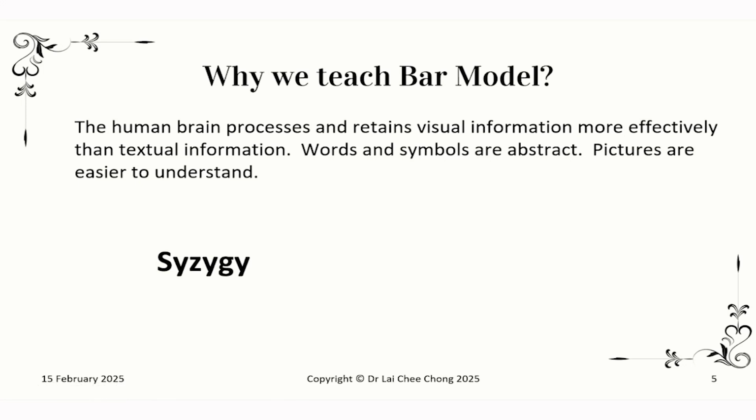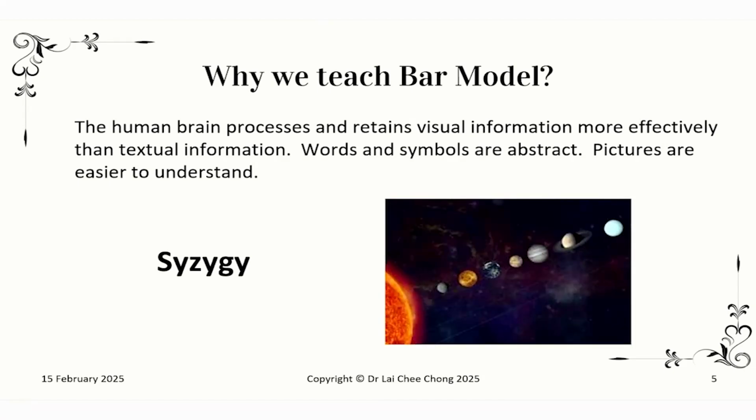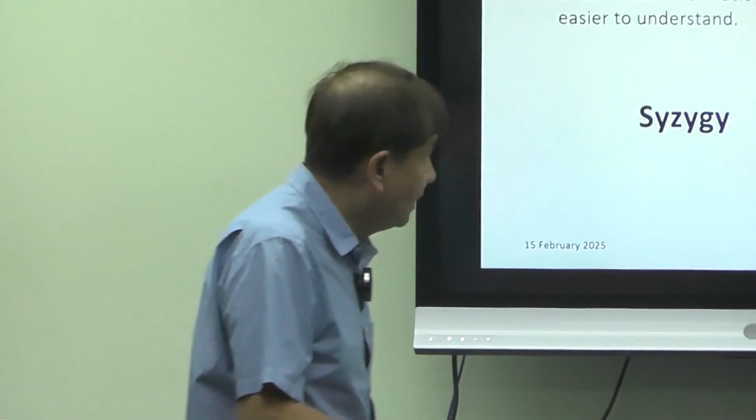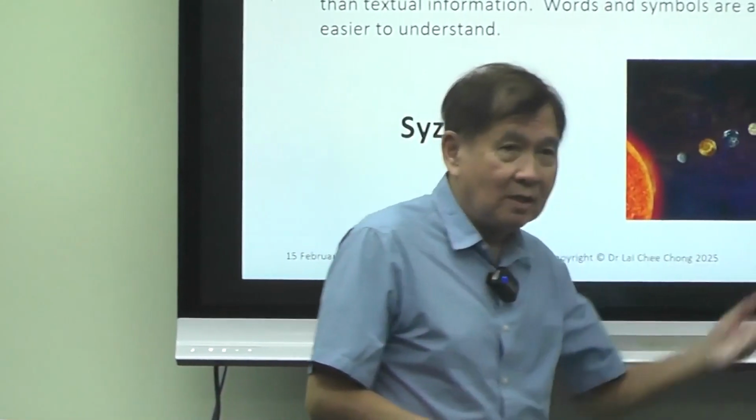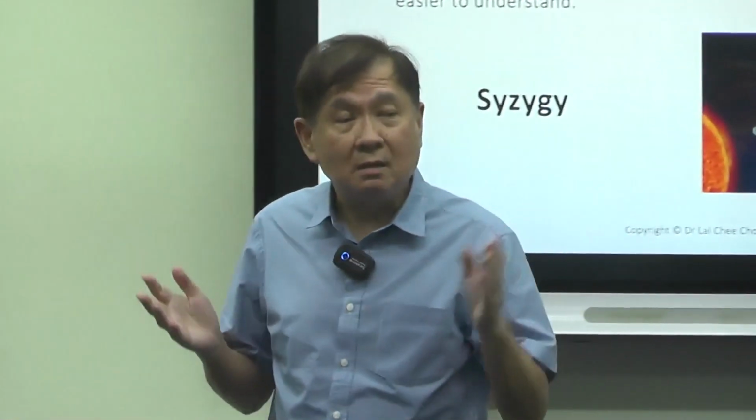Now, if I give this word, do you know what it means? Wow, it's called a CCG, by the way. Hard to pronounce, literally there are no vowels. But what is it? If I give a picture, oh, you see all the planets in a straight line. Now that is the meaning of it.